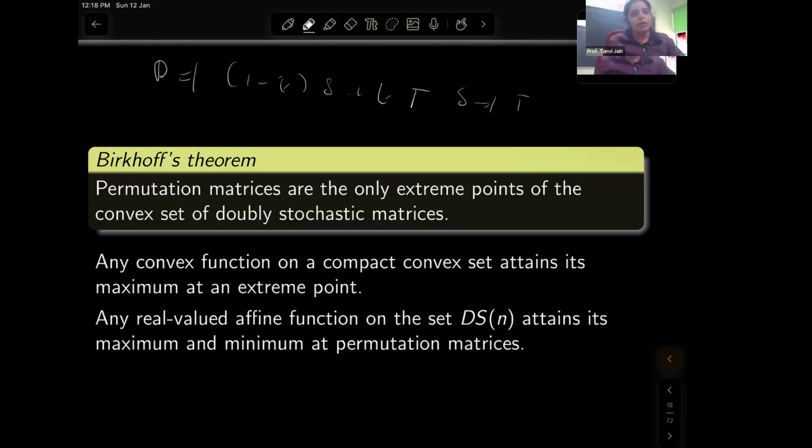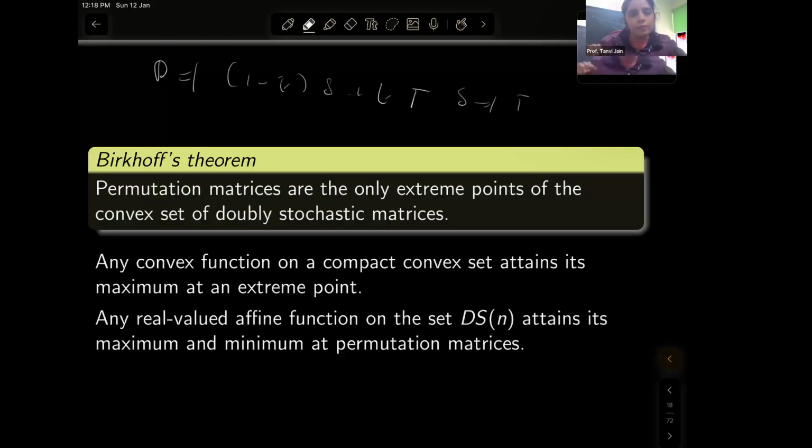I won't be going into the proof, so take it on faith: Birkhoff's theorem, which in fact uses the matching lemma that we did yesterday. Birkhoff's theorem tells me that permutation matrices are the only extreme points of the set of doubly stochastic matrices.